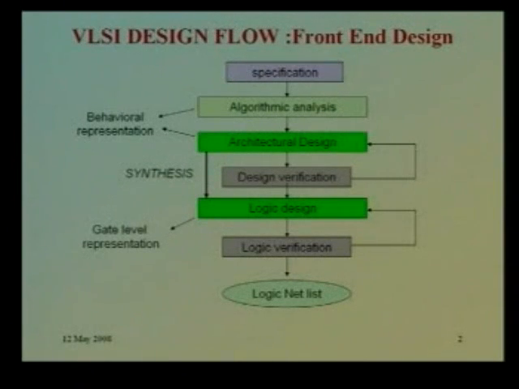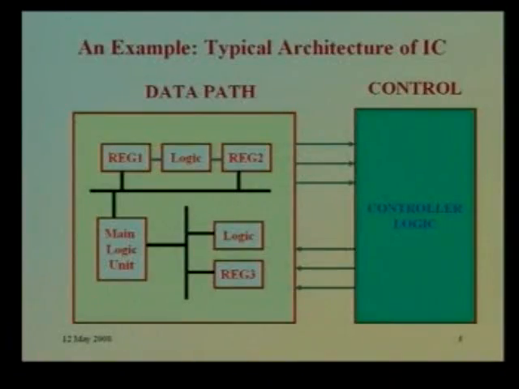So in the steps, we will talk about the front end design. I think in the last class the architecture design was already given to you. What is architecture design? You get a suitable algorithm from your specification, the functionality you need. From the algorithm you map to the architecture, that is a block level architecture, right?